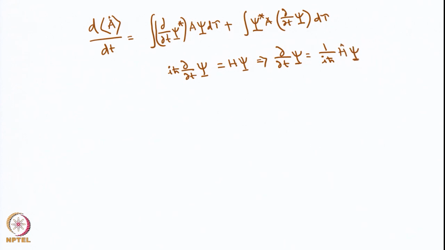Now if I take the complex conjugate of this, d by dt of psi star equals 1 over i h bar H psi star, and with a negative sign, because i will become minus i.